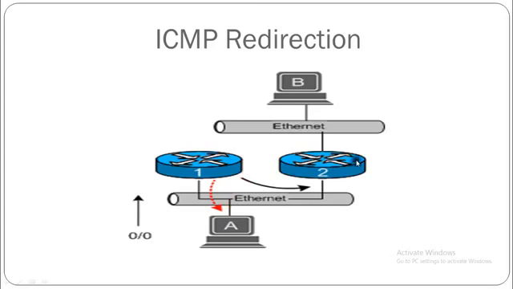But if this is configured to redirect it back to A or to router 2, then it will straight away redirect to either of those, and then it will be able to send the packets. So RFC 1122, in a section, states that the host should not send an ICMP redirect.